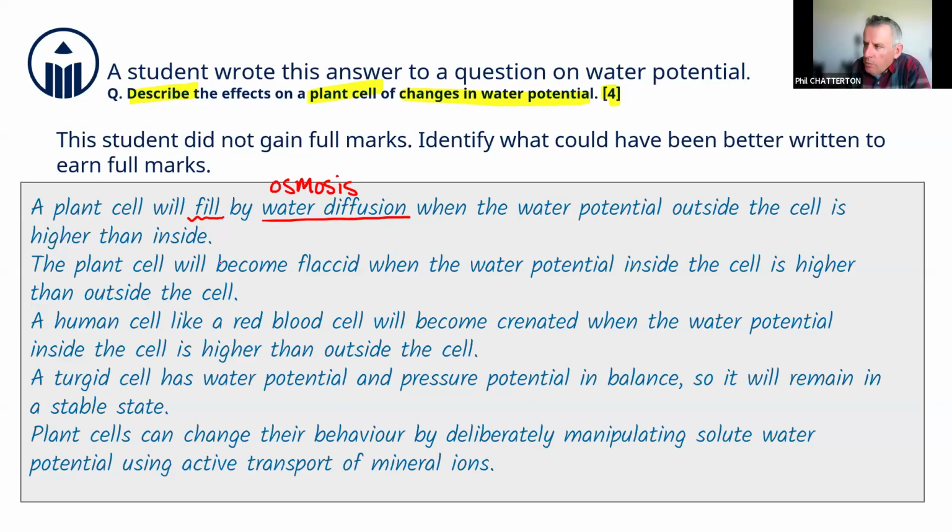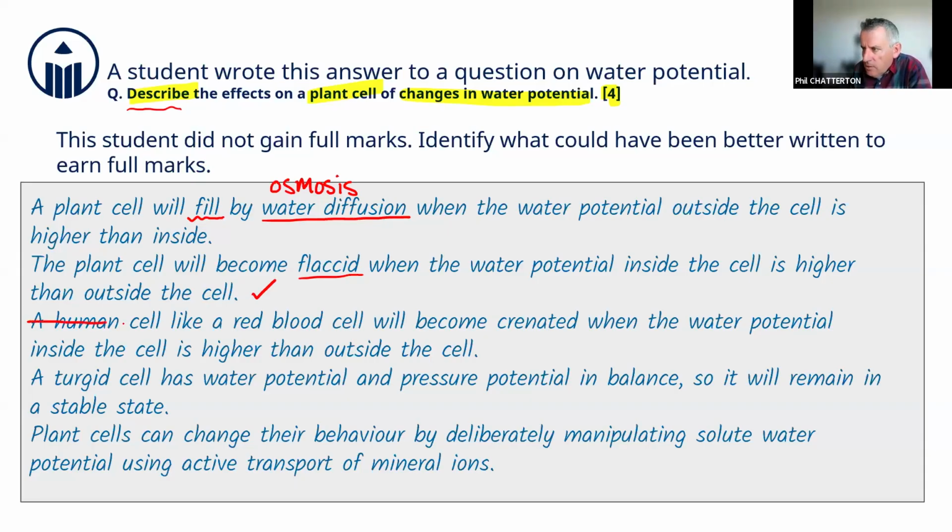A plant cell will become flaccid when the water potential inside the cell is higher than outside the cell. Yeah, I think that's okay. That's a good mark, and it's a description, isn't it? It hasn't necessarily explained why that happens, but it's described what will happen. So I like number 2.